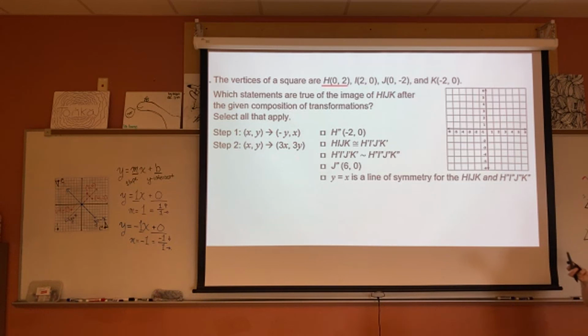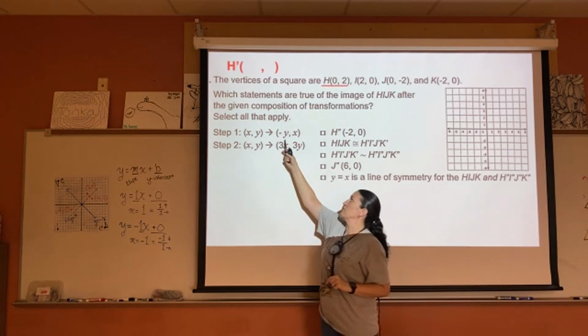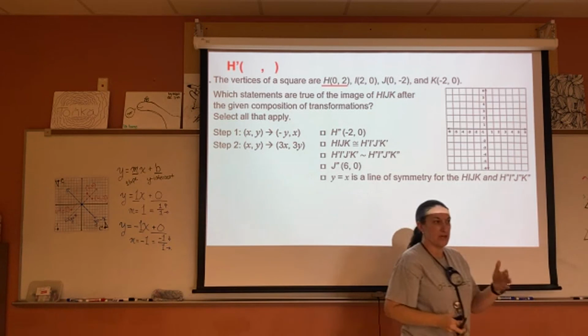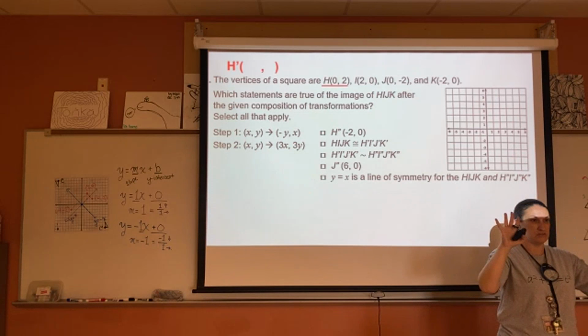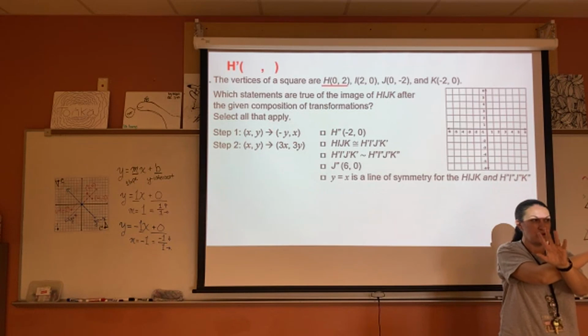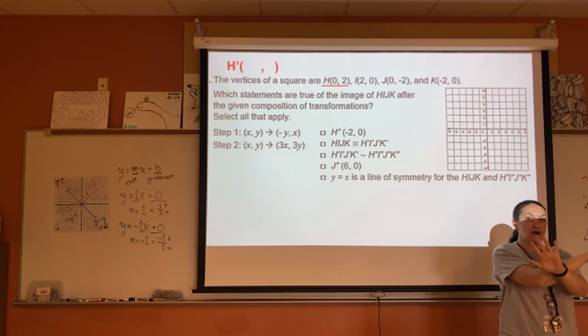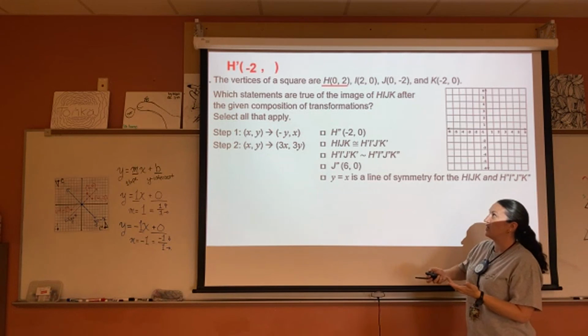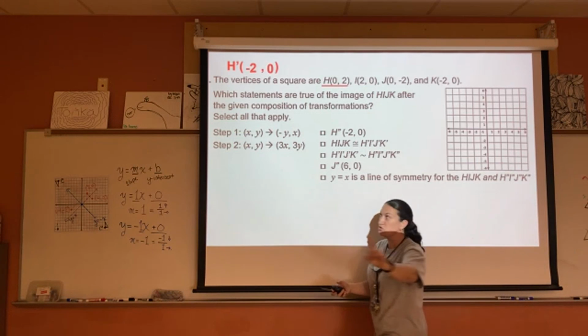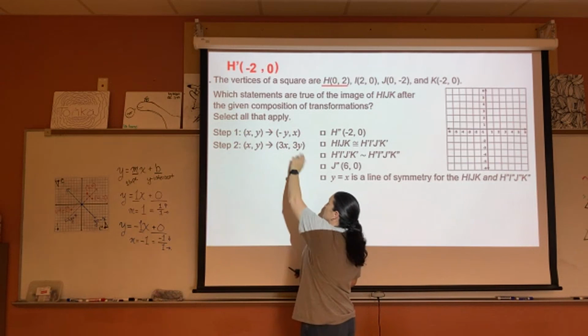If I just do the first rule, (-y, x), my original point is 0, 2. (-y, x) means they swap places, so now my 2 is here, and it has to become the opposite. So what is it now? -2. So my ordered pair after only the first transformation is (-2, 0).